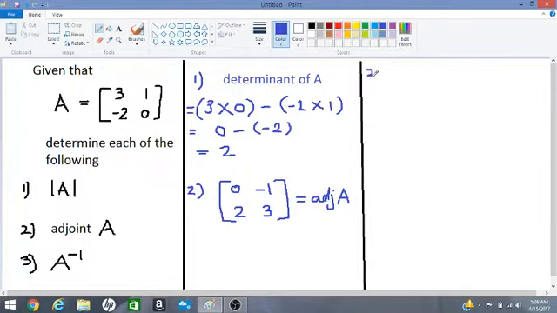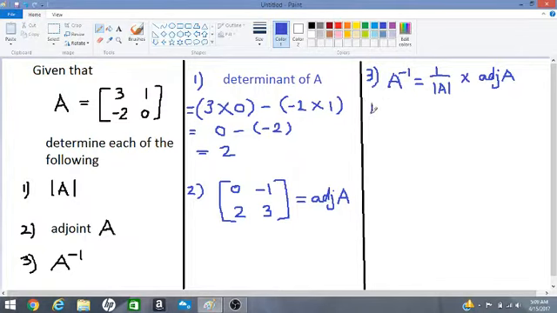number 3. The inverse, which is given by a formula: 1 over the determinant of A multiplied by the adjoint of A. So we have to learn this formula by heart, and let us now substitute our values.